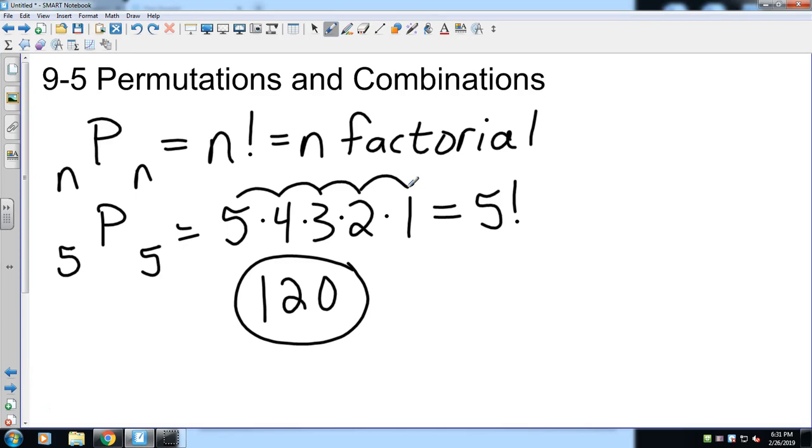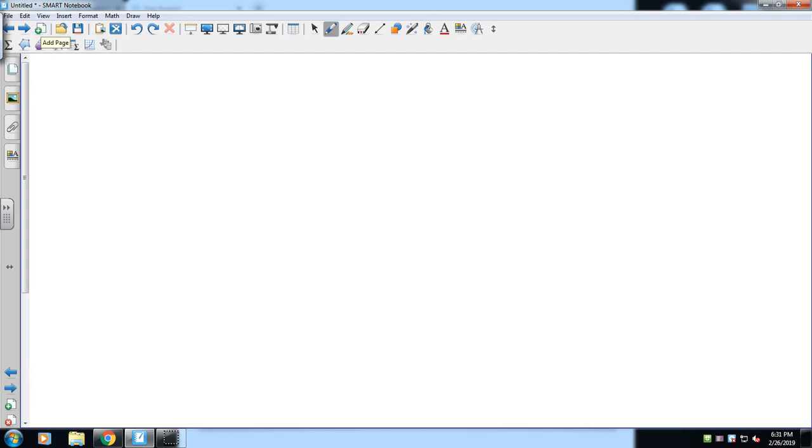Now, what if I go to a bigger buffet and I have, let's say, 15 items, but I still will only be able to choose 5 because I just don't have enough room to do that.